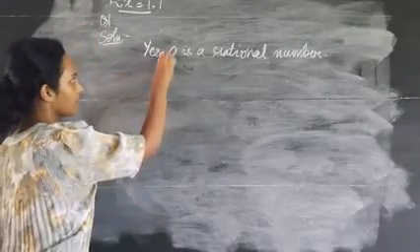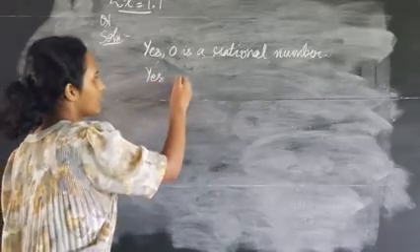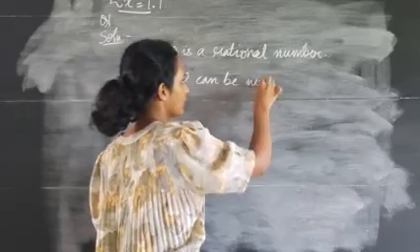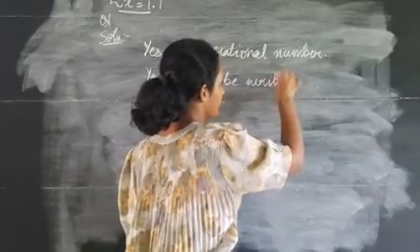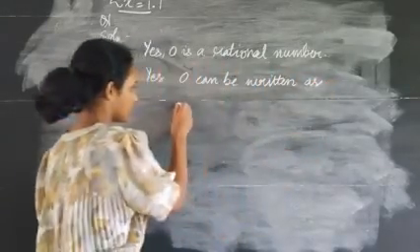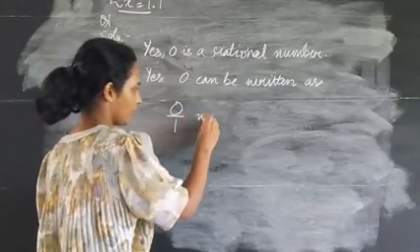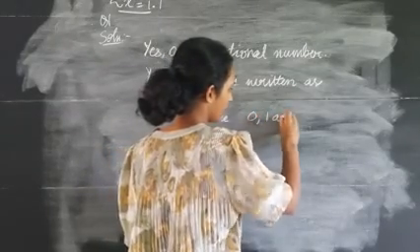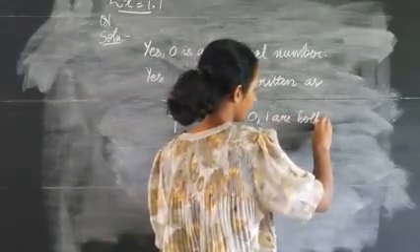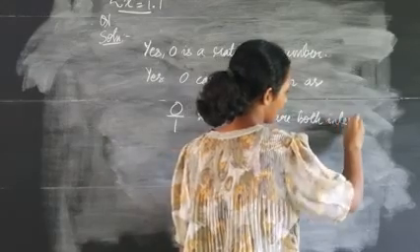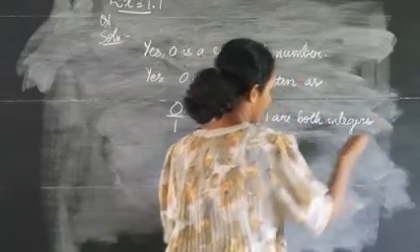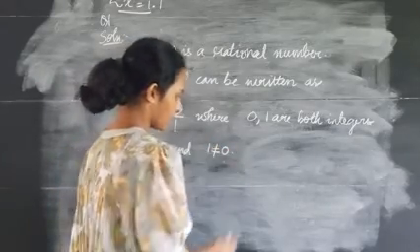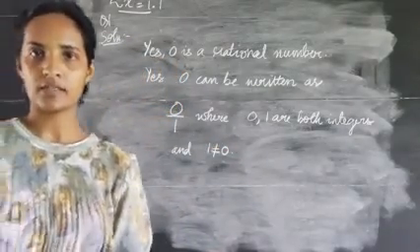So, yes, 0 can be written as 0 by 1, where 0 and 1 are both integers and 1 is not equal to 0, right? So that is our condition. This is a very simple question, right?